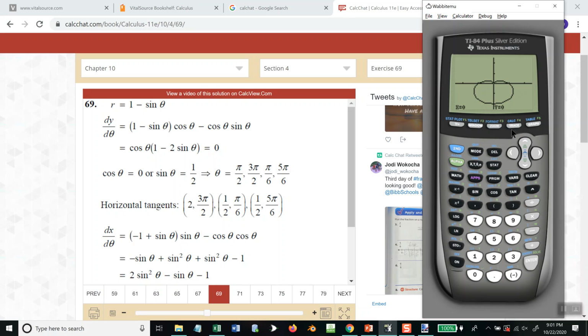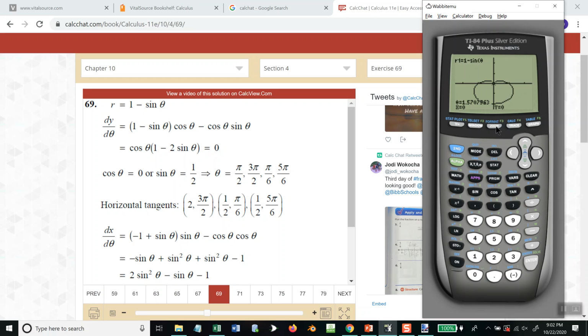But if I do a trace, now there's theta is equal to 0. I press my right arrow key. The one they ignore is this one right here, 1.047. That's one I struggled with finding, I think. Is that pi over 2? There's pi over 2.